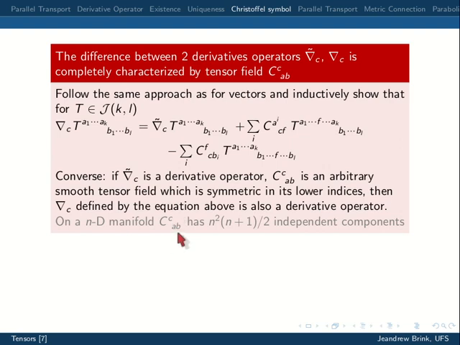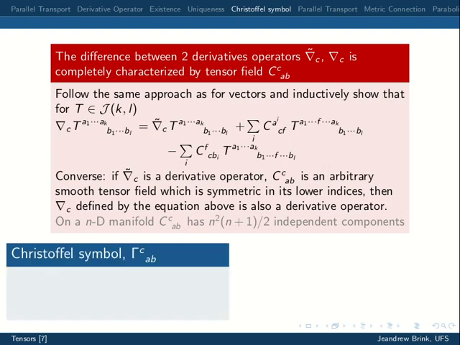But because we know it's symmetric, you have n ways of choosing C, n ways of choosing A, and then it's just the upper diagonal elements because it's symmetric, so it's n(n+1)/2 ways of choosing B. So there are n squared times (n+1)/2 independent components of the C. For example, if you have a 2-dimensional manifold, you're going to have 6 of these elements that you have to work out. And it gets bigger the more you go up.